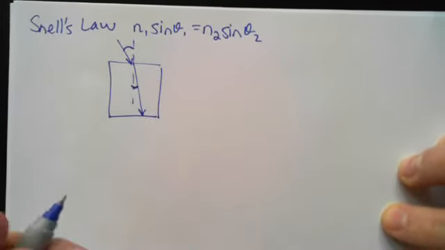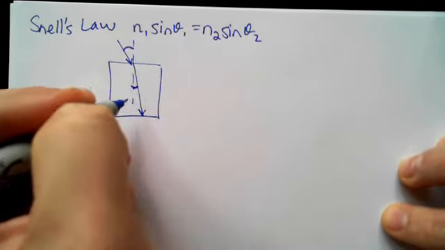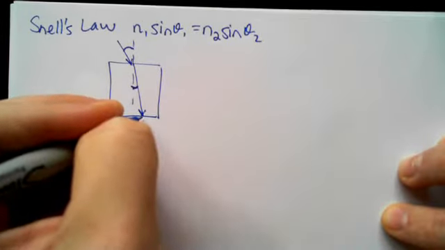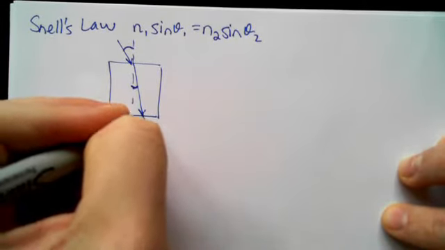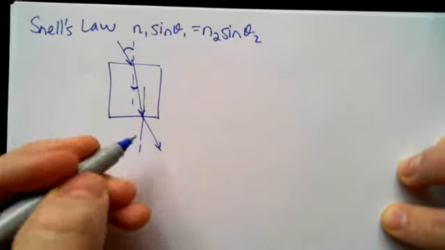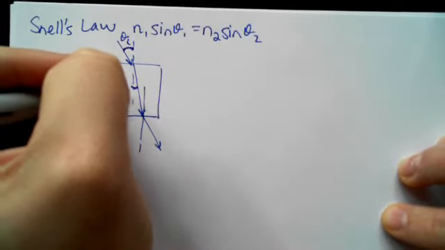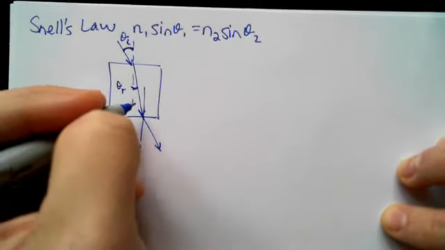So we've got our angle of incidence in the air, and this is our angle of refraction through the plexiglass. And you should have seen that as this exits, the angle at which it comes into the plexiglass, call that theta I, because that's our angle of incidence. We'll call this theta R, that's our angle of refraction through the plexiglass.